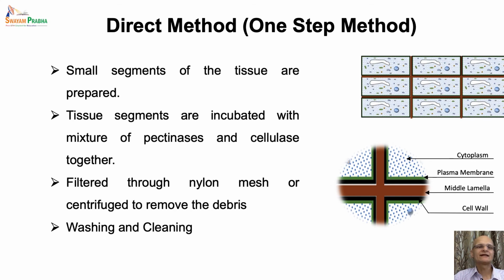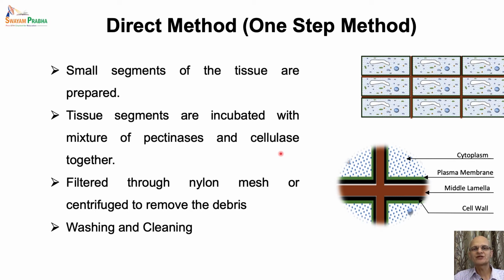Next is the direct method or one-step method. In the direct method, both groups of enzymes, that is the pectinases as well as the cellulases, are used together to digest the cell walls and middle lamella.